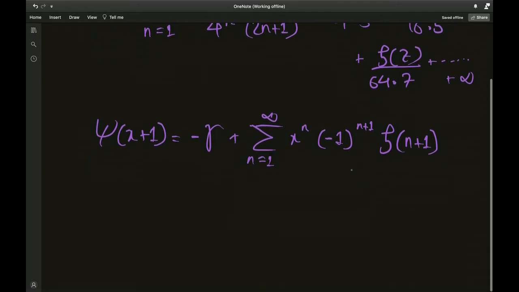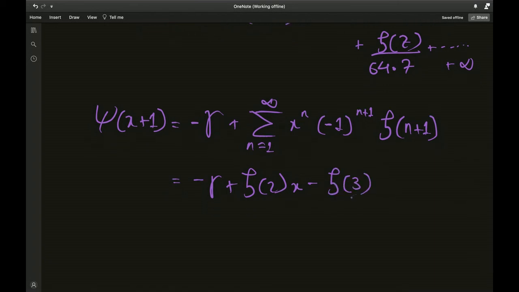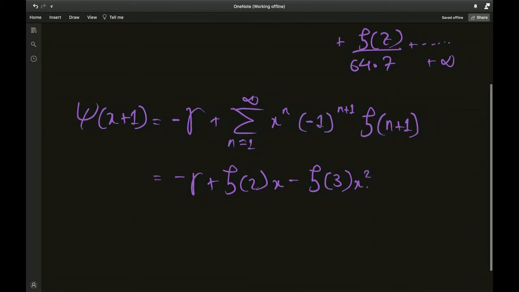Now the problem here is that if you want to write out some terms, this is going to be zeta of 2 times x minus zeta of 3 times x squared, and zeta of 4 x cubed, and so on.